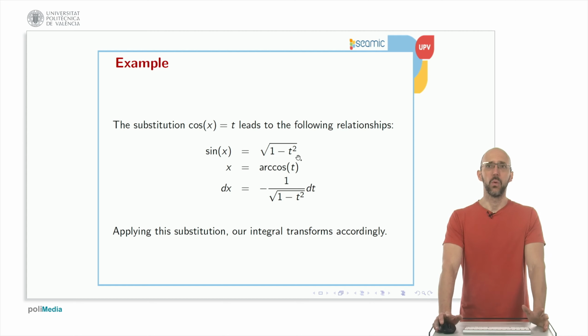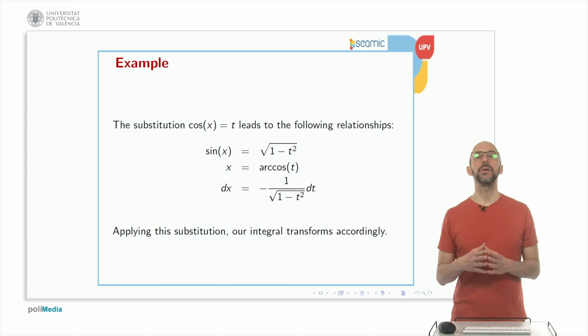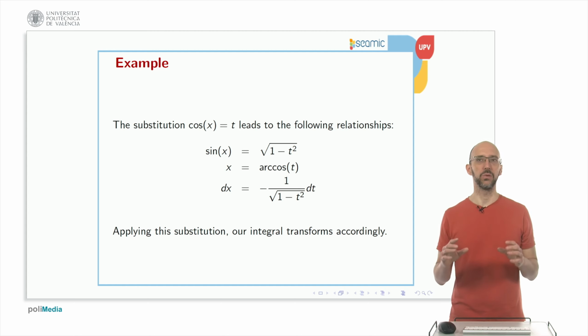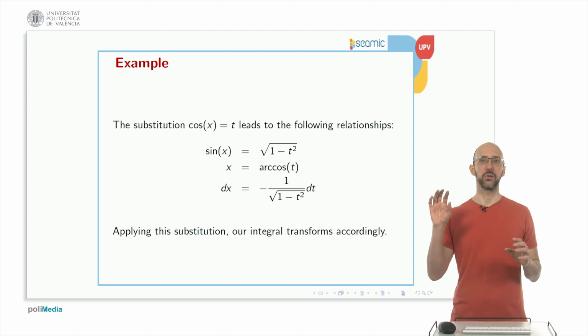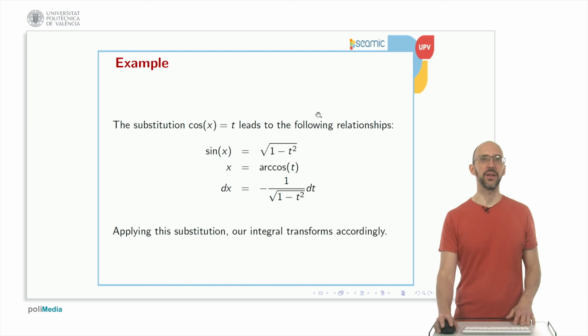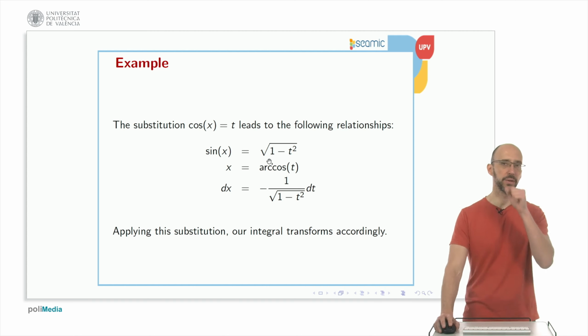You can ask me, where is 1 minus t squared coming from? Piece of cake. I only ask you to remember a few trigonometric formulas. One of the most important is that cosine squared plus sine squared equals 1. This comes from that formula.